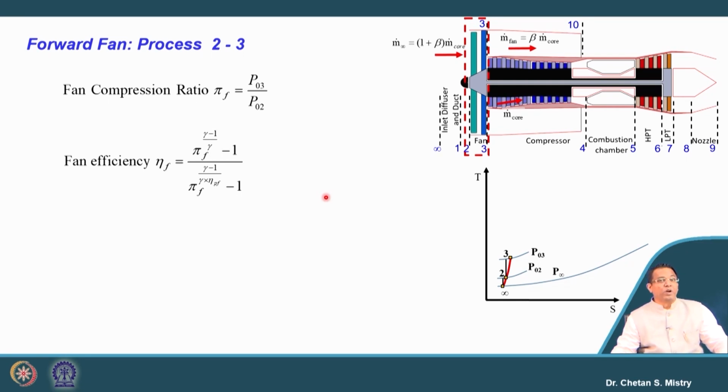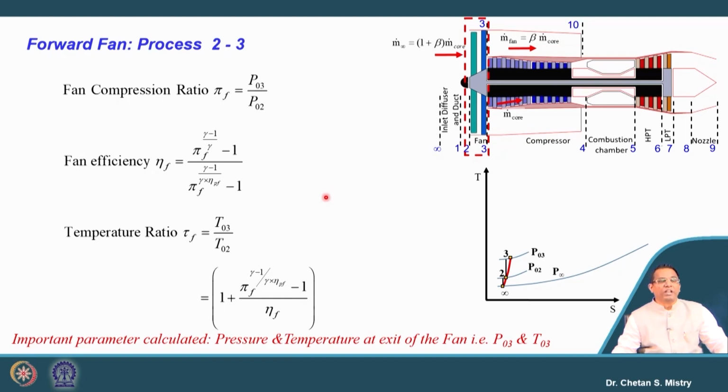So, basically you are targeting this efficiency, you want this efficiency to be achieved. From this we will do our calculation for the temperature ratio, in terms of pressure ratio as well as the efficiency, and from that we will calculate our exit pressure and exit temperature from the fan.